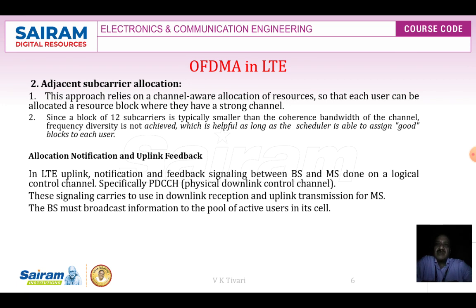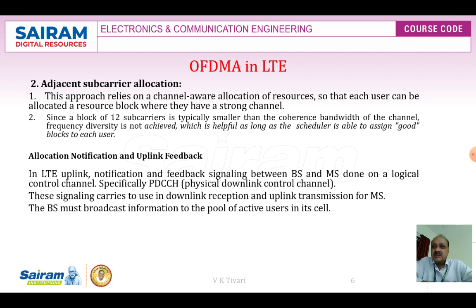Allocation notifications and uplink feedback. The LTE uplink notification and feedback signaling between base station and mobile subscriber. Generally the base station is called the eNodeB in LTE, and the MS is the mobile entity.